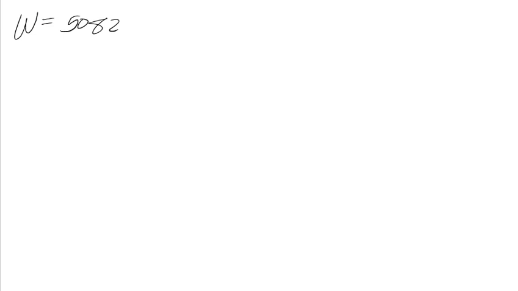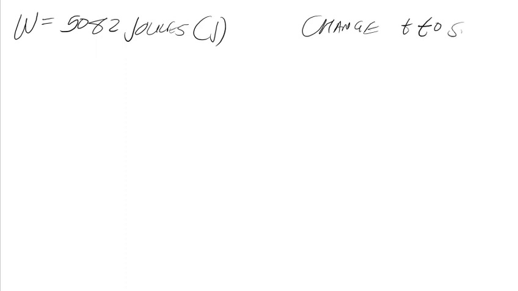Remember to write it in joules. You don't have to write it in full, you can just write J. Remember to always change T to seconds by multiplying by 60. You don't use it as minutes. You have to change it all the time to seconds.